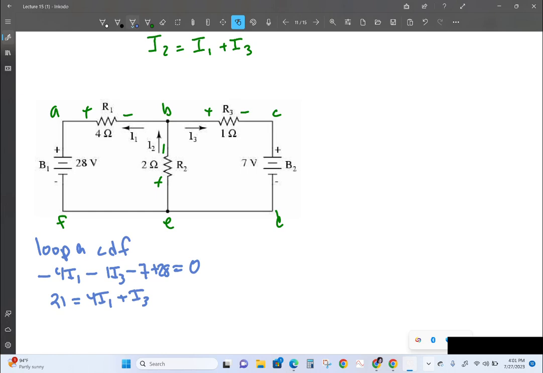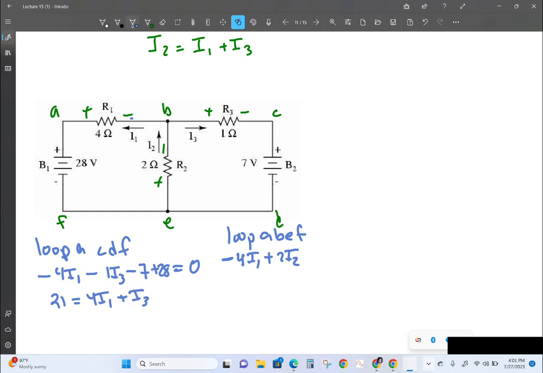Okay. Now let's do loop A, B, E, F. I start at A. I'm going to lose 4 I1. Then I go from B to E, and I'm gaining 2 I2.